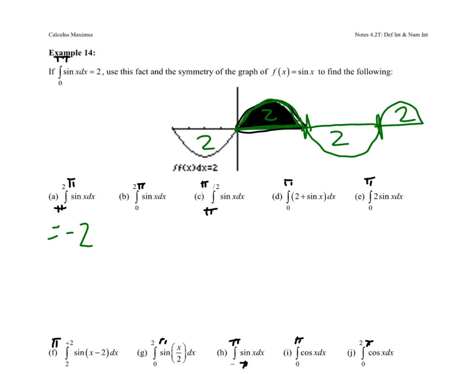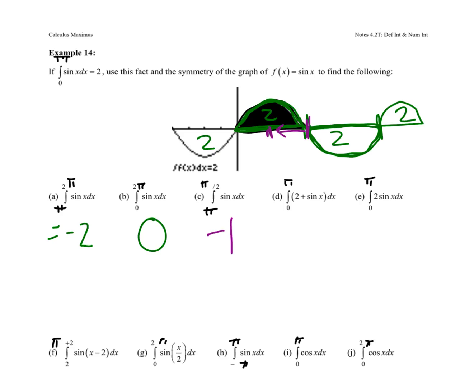If I go from 0 to pi, I have this positive piece and this negative piece, which cancel out, so that's 0. All right, this one, it looks like I'm going from pi to 1/2 pi. So I'm going backwards. So it looks like that would be negative 1.